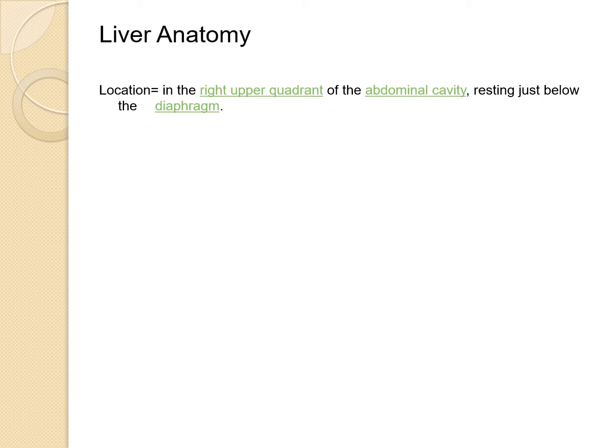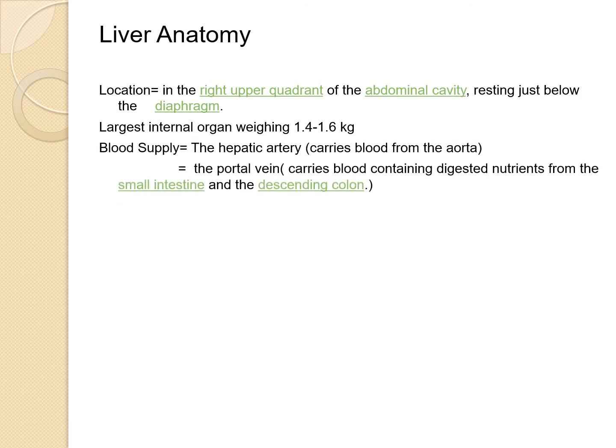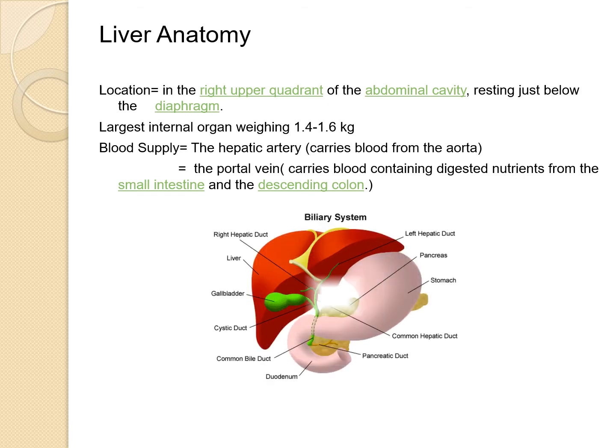The liver is located in the right upper quadrant of the abdominal cavity, resting just below the diaphragm, and it weighs around 1.4 to 1.6 kilograms. The blood supply is the hepatic artery from the aorta and the portal vein.